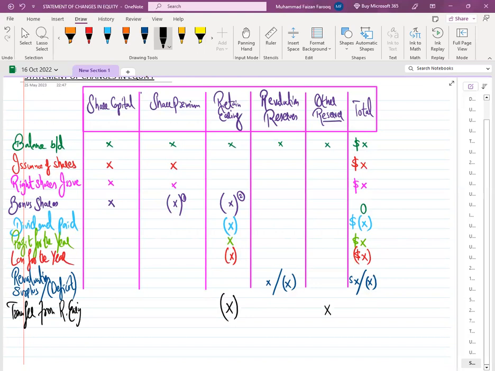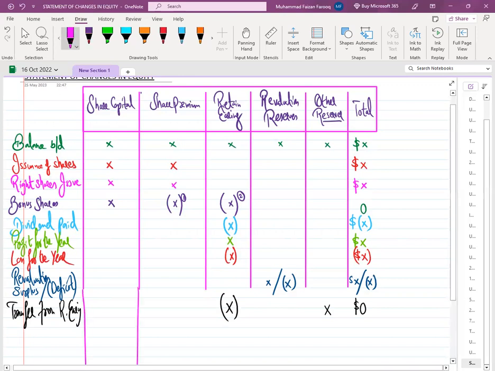Sometimes the company transfers from retained earnings to other reserves, and in your course it will be only this, from retained earnings to the reserves. So you will deduct it from retained earnings and add it in other reserves.